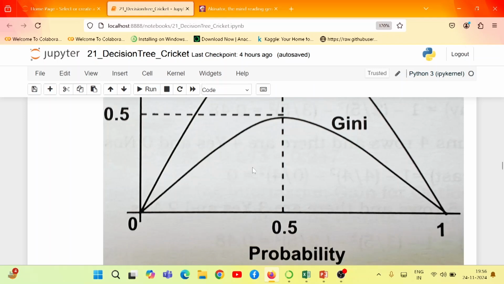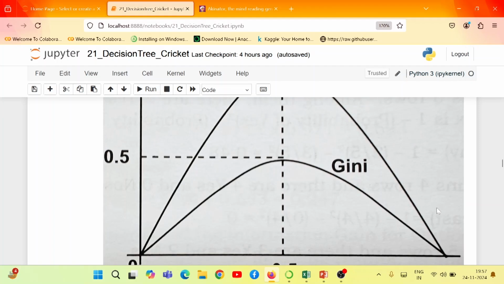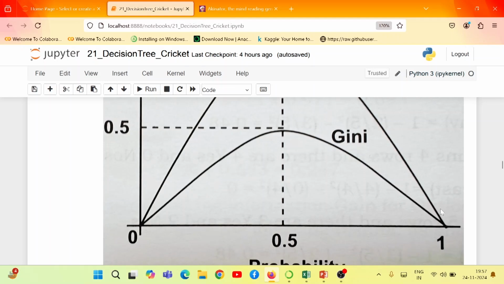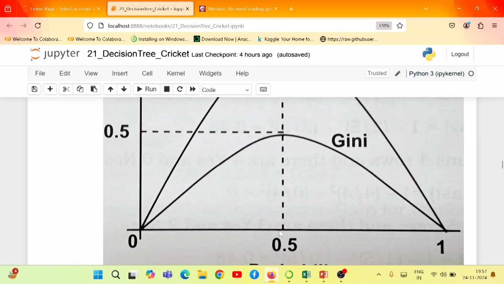Here we should remember that computing power indicates the processor time and the memory. The entropy value will be in the range of 0 to 1, whereas Gini values lie between 0 and 0.5, right? 0 to 0.5.